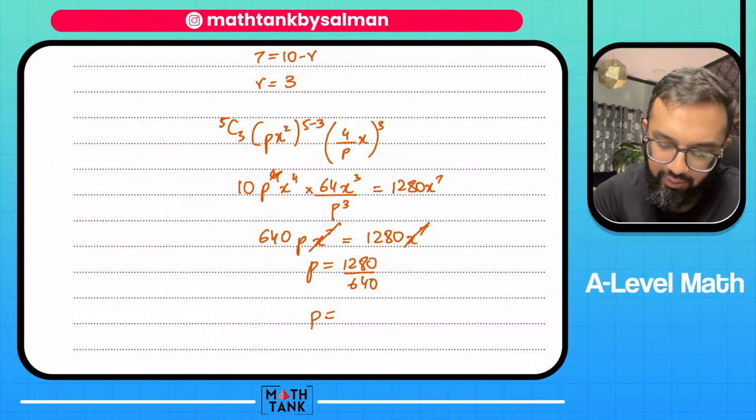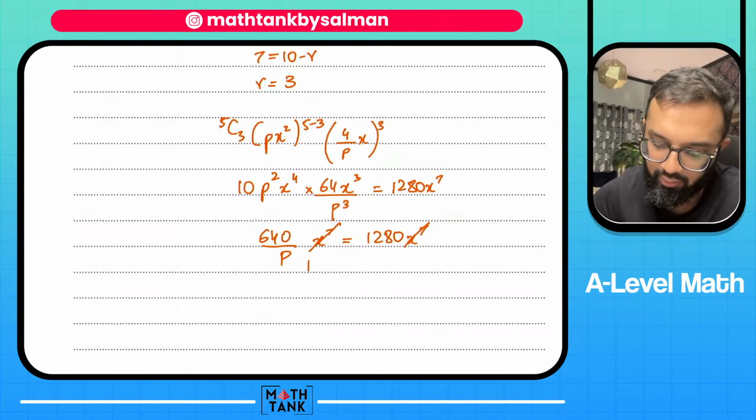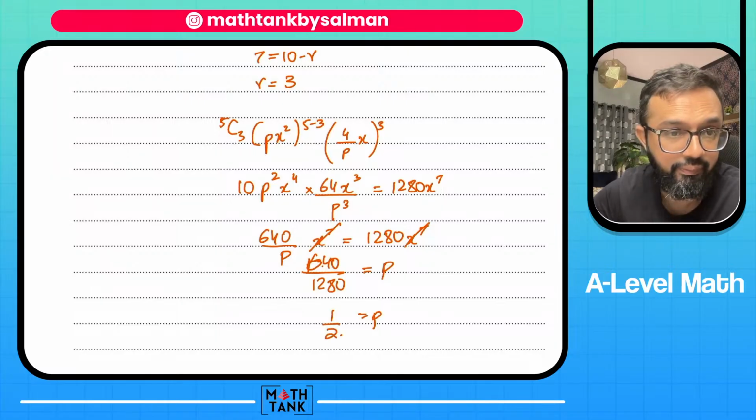Oh, this was just p squared. Why am I making these mistakes? So p is 640 divided by 1280 equals to p. P is half.